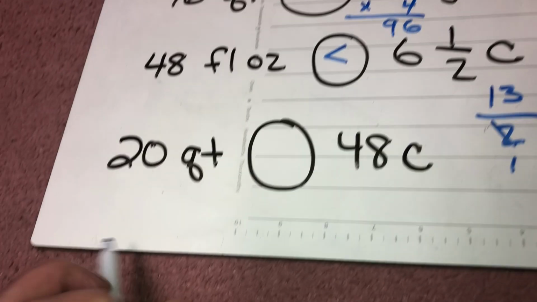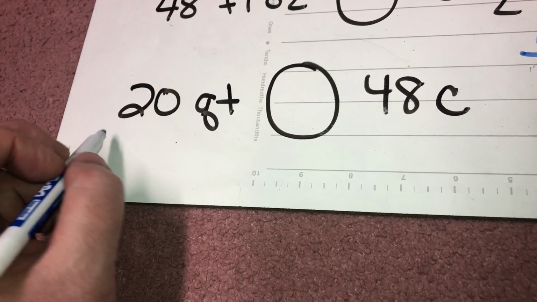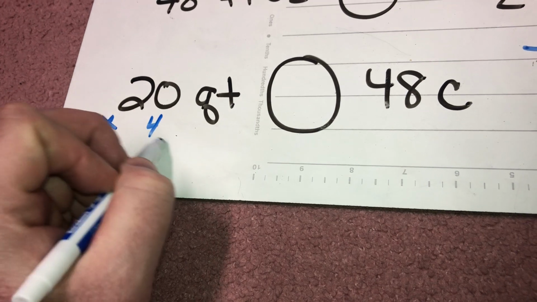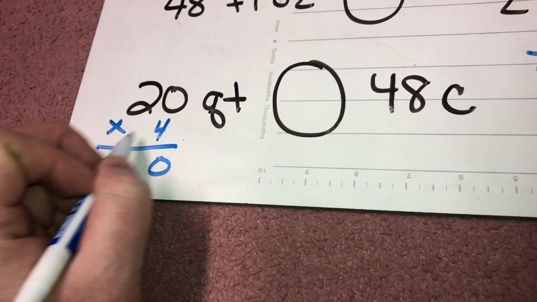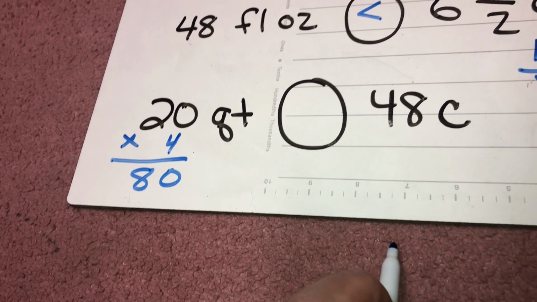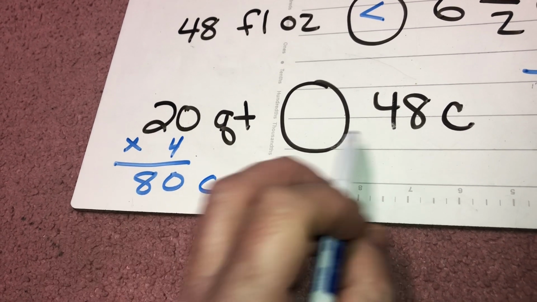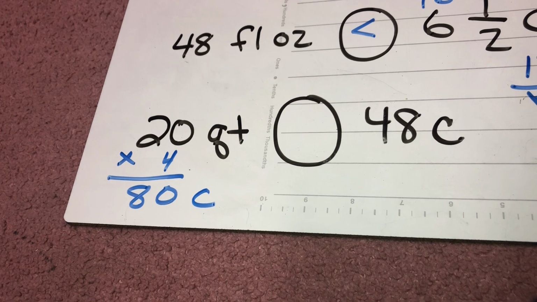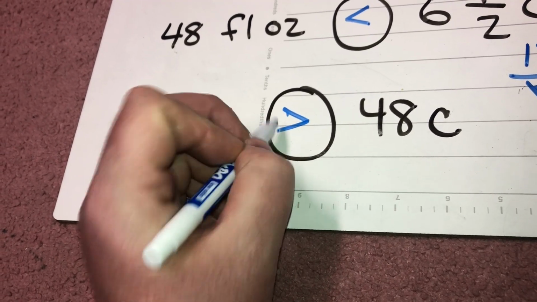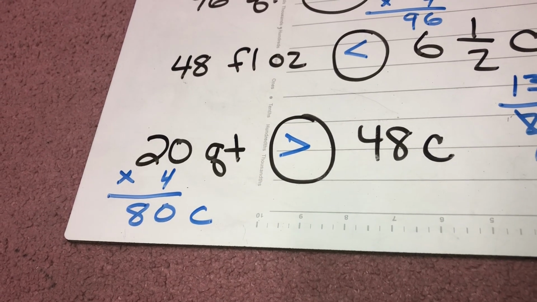So I can take the number of quarts, which is 20, multiply that by 4. 0, 4 times 2 is 8. 80 cups is definitely bigger than 48 cups. So that would be the bigger one.